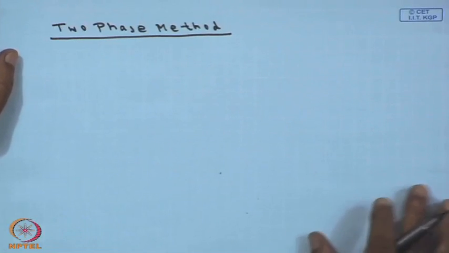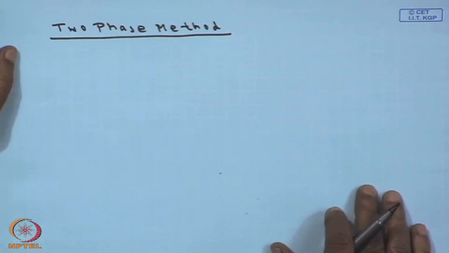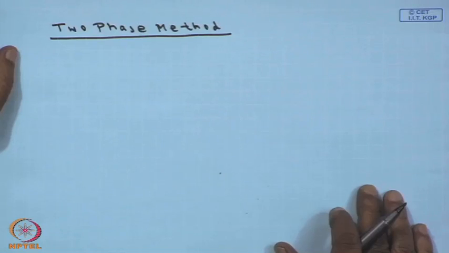In this two-phase method, the procedure we are adopting is that in the initial phase, we are not taking the actual objective function, but we are creating one auxiliary objective function.